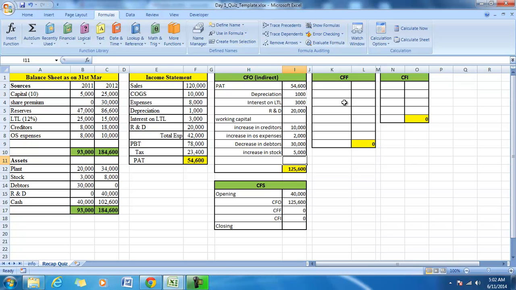So we can see that the PAT is 54,000, depreciation 1,000 non-cash, interest on long-term liabilities is non-operating, the amortization of R&D is non-operating and non-cash, increase in creditors is 10,000, increase in outstanding expenses 2,000, decrease in debtors 30,000, and increase in stock, we have paid money.